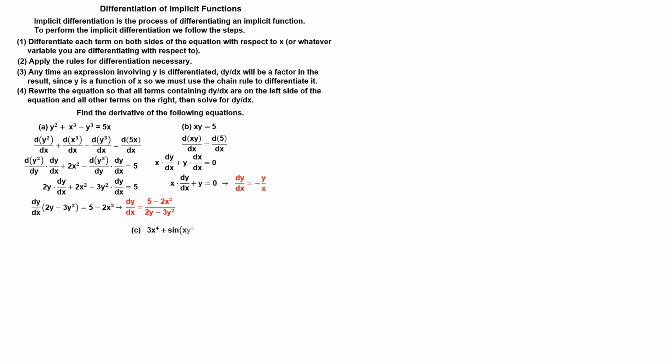Let's solve item C. We follow the steps. Step 1. Differentiate every term on both sides with respect to x. Steps 2 and 3. For the first term, we use the power rule, and for the second term, we use the chain rule. Pay attention.